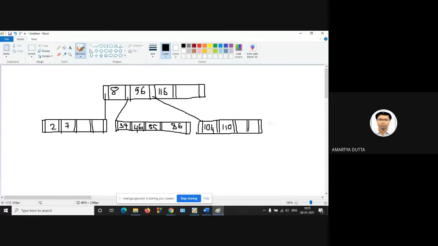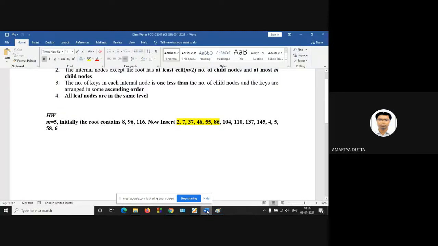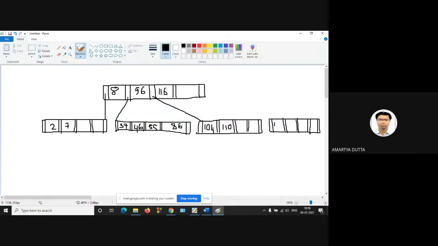So this will be greater than 116, so we have to create a new node. 137 and 145. Okay.